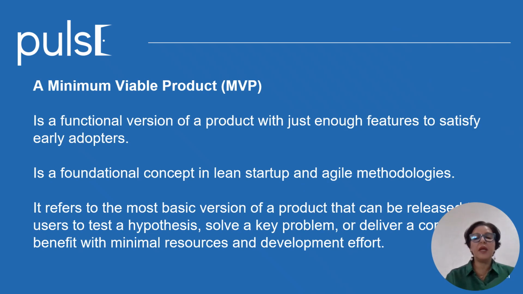A minimum viable product is a functional version of a product with just enough features to satisfy early adopters. It's a foundational concept in lean startup and agile methodologies, and it refers to the most basic version of a product that can be released to users for testing. It's a hypothesis to solve key problems and deliver a core benefit with minimal resources and development effort.